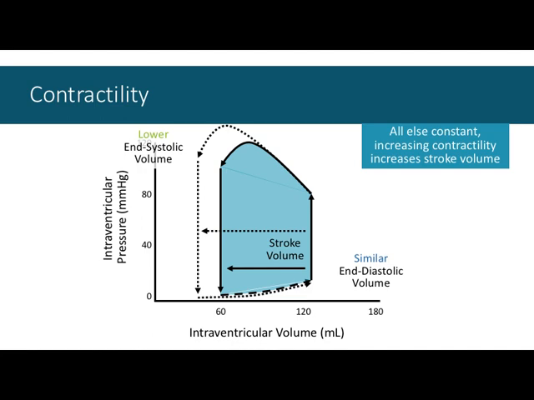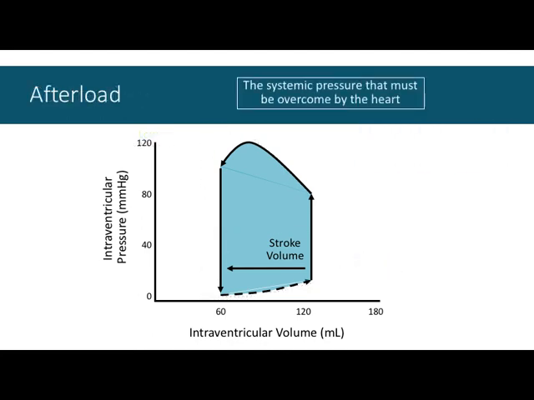Now, the mechanisms I described on the last slide do help the heart to increase output. They also work against the heart by increasing the opposition to flow. So, universally, the response to a decrease in flow is a sympathetic response.